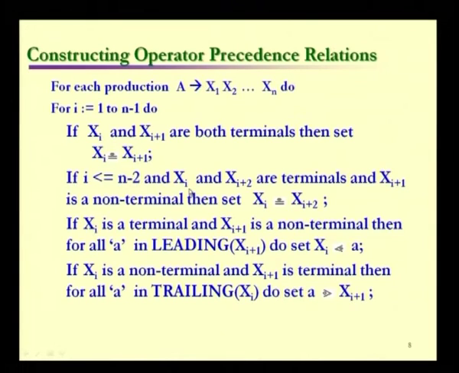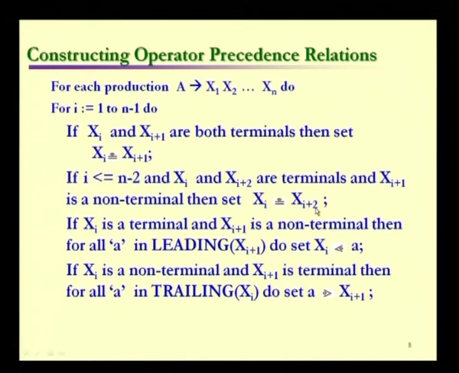So, if two terminals are separated by a non terminal, then the relationship between those two terminals is defined as equal. This condition, i less than or equal to n minus 2, ensures that there are three symbols for comparison. If xi and xi plus 2 are terminals and xi plus 1 is a non terminal, then we set xi equal to xi plus 2.